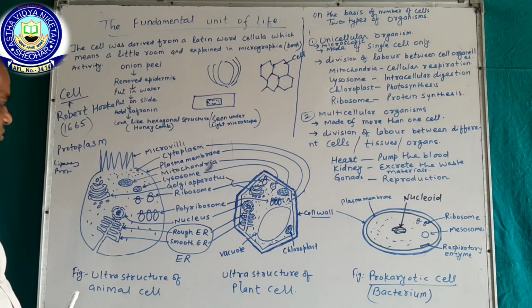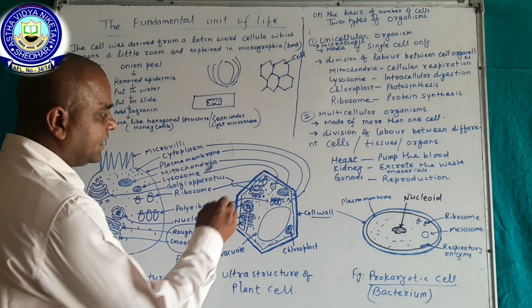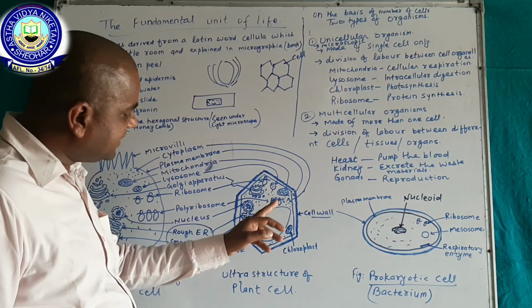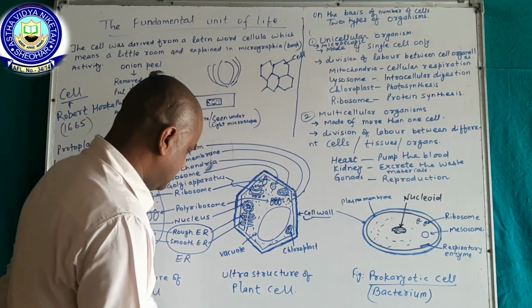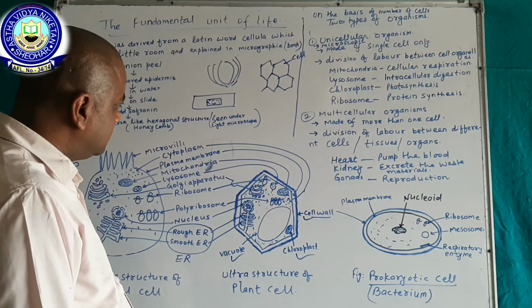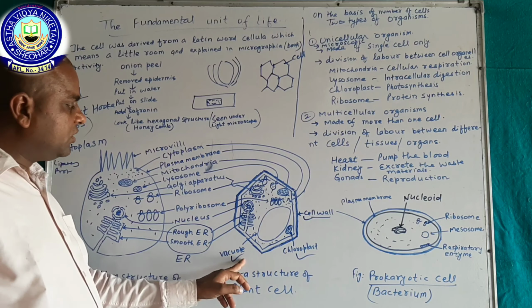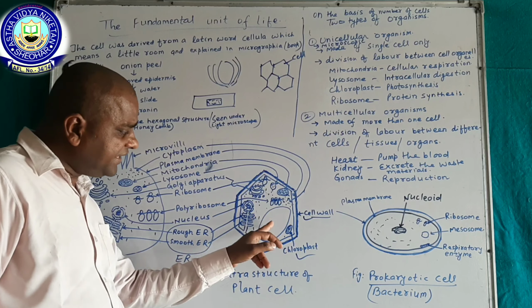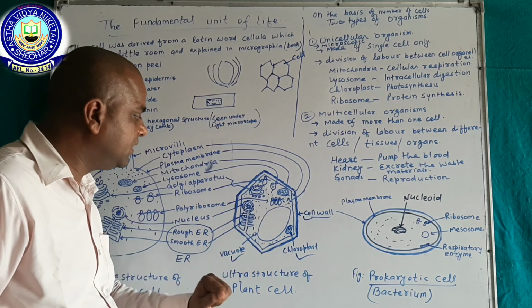Now come to the plant cell. Here some differences are found, like the cell wall, vacuoles, and chloroplast. The vacuole is large in the case of the plant cell.